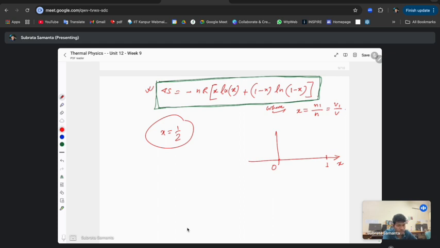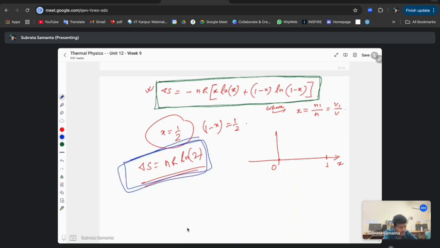In the case when x equals half, the change in entropy delta S is basically N R, and putting x equals half, ln half is negative, so it is N R ln 2, because x and 1 minus x are also half. So this is your maximum entropy, N R ln 2.